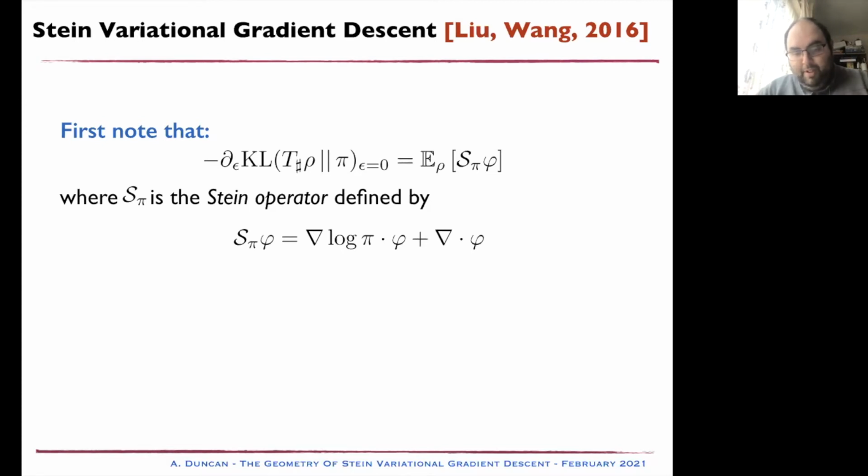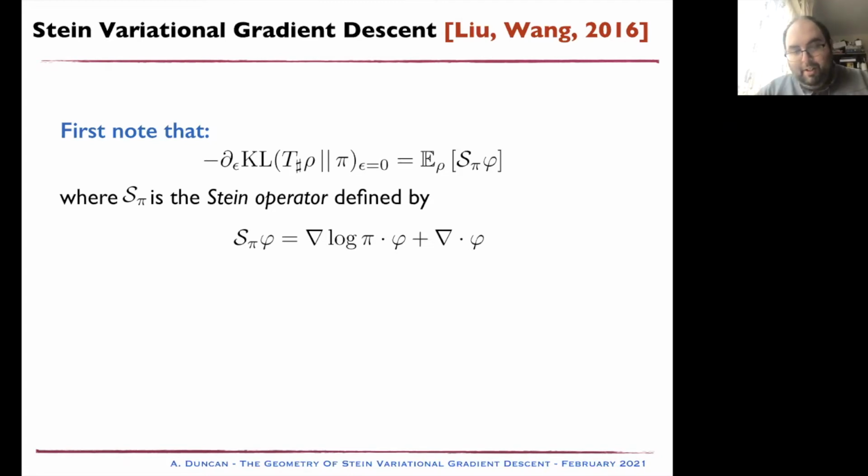Just for those that maybe want to make a connection with other fields, if of course I replace my phi, my vector field, with say the gradient of some function, grad of g, and I plug it in here, what I will get is an operator acting on g, which is just the infinitesimal generator of the classical overdamped Langevin diffusion process, which is what you can use to also sample from the target distribution.